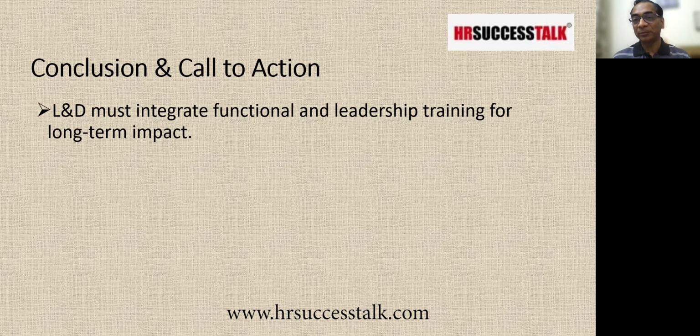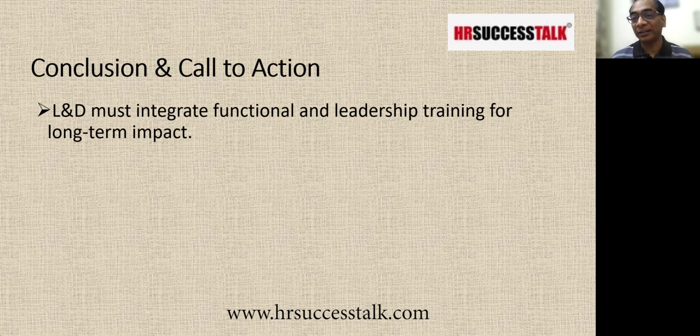Functional and leadership training have to go on in parallel, because we are all human beings coming from different backgrounds and different upbringings, school and college upbringings. We each have a different knack of responding to different stimuli, and that is where proper responsive behavior needs to be inculcated, so we don't become reactive. Those things can only happen through regular behavioral and leadership interventions over a period of time.